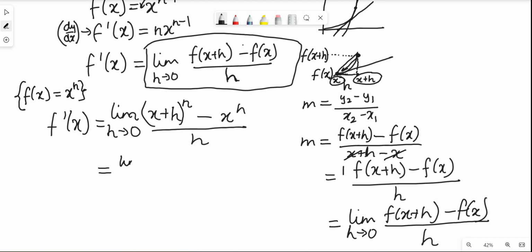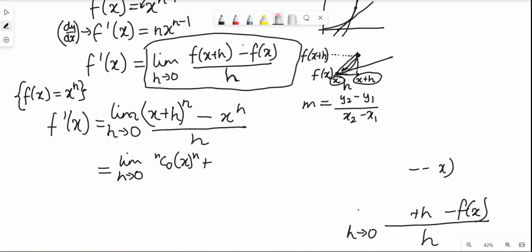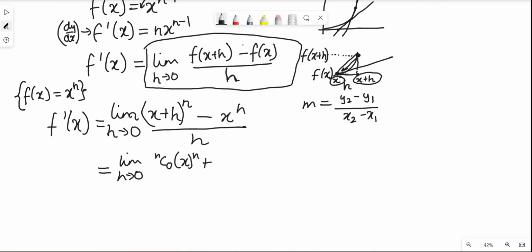So now we have the limit as h goes to 0, the same thing, and we have, as we remember, nC0 times x power n plus, let me just erase this to have enough space. So we have x power n times nC0, and then we have nC1 times x power n minus 1, and multiplied by h power 1.